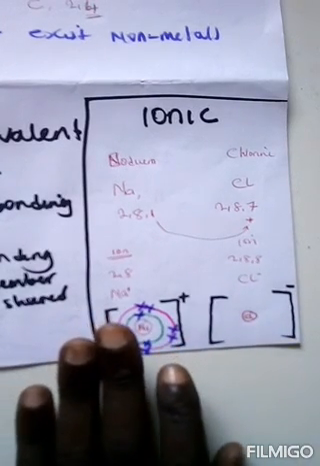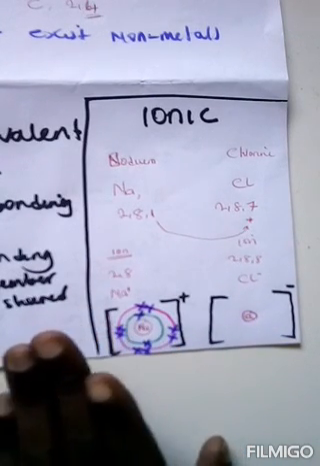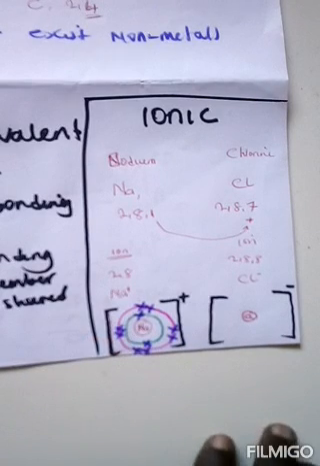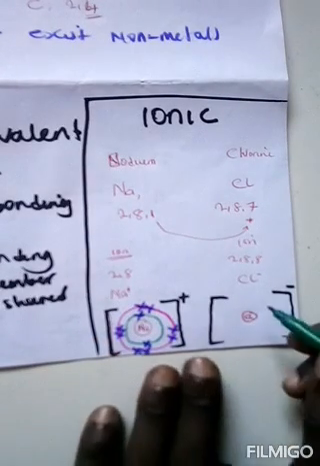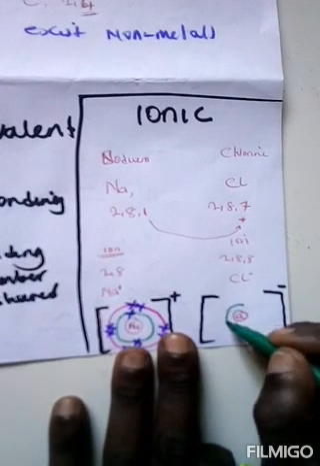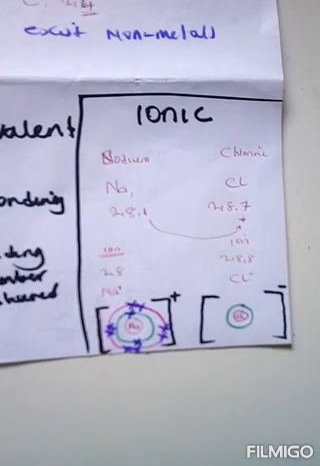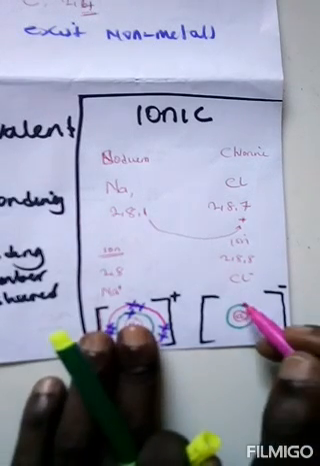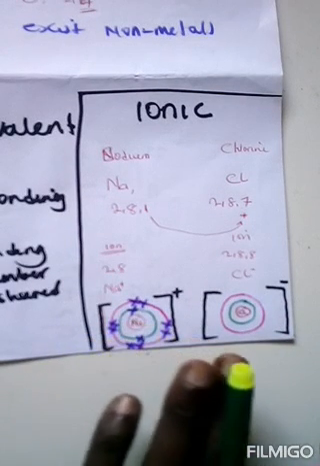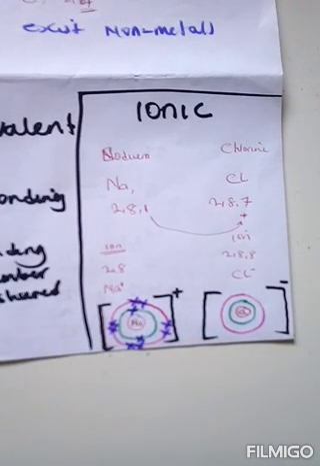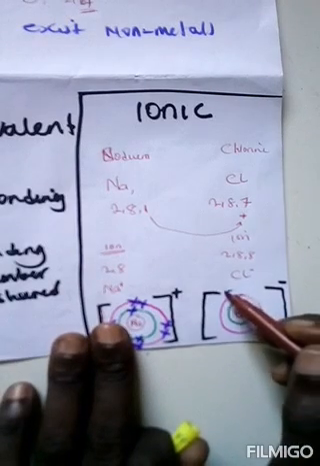I'm writing Cl inside, and then we have the first shell, which is shell K here, followed by the second shell, which is shell L, then the third shell, which is shell M.